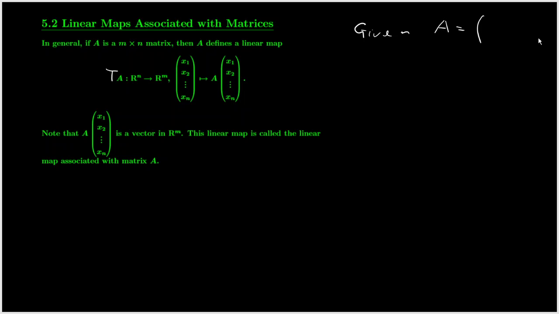I do not want to make the numbers too complicated, so let's say 1, 1, 2, 1, and maybe 0, 1, 2. Simple enough.